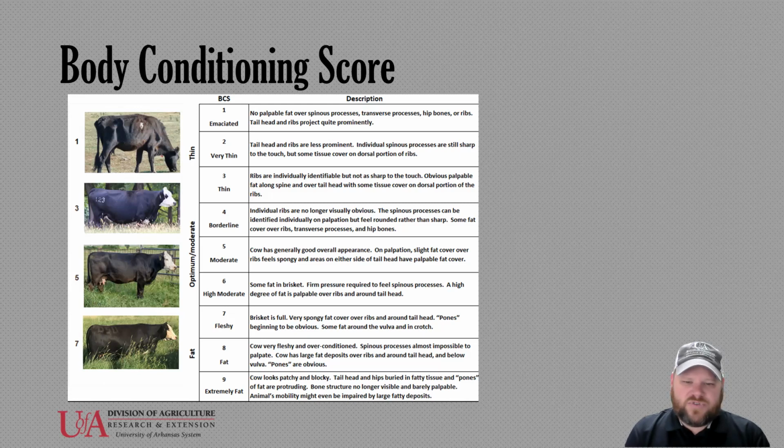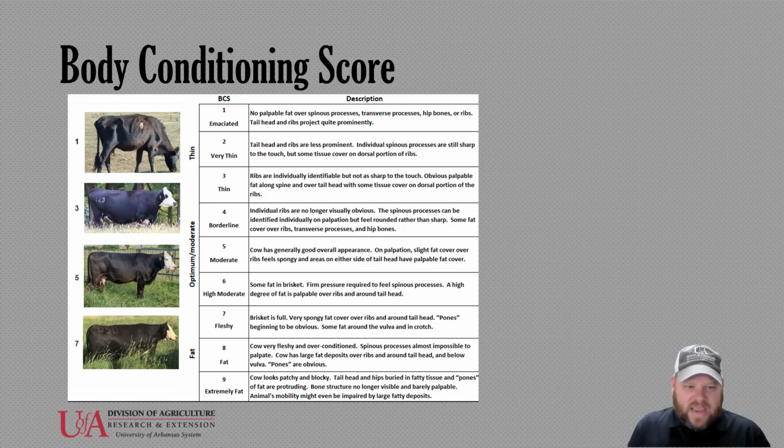And so these just give you some description and an idea of where your cattle are, right? So we're looking at, can we see the ribs, hooks and pins in the back? Obviously, if she's really fat, she's going to have some pones on the back of her. If she's really skinny, the wind blows too hard, she's falling over.